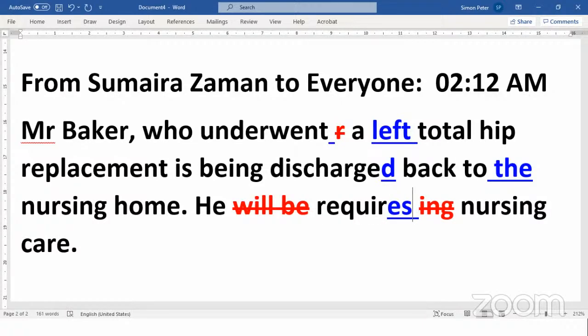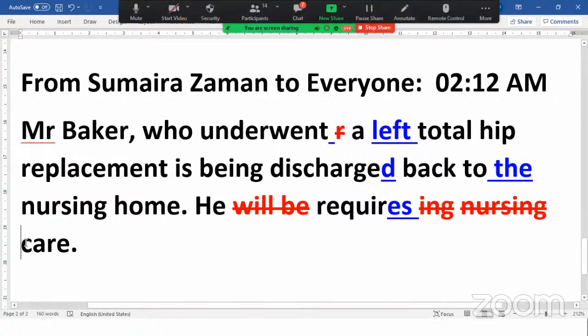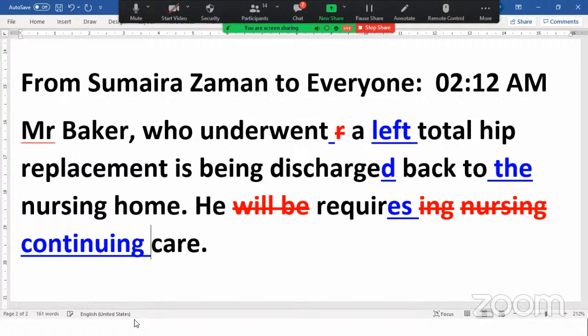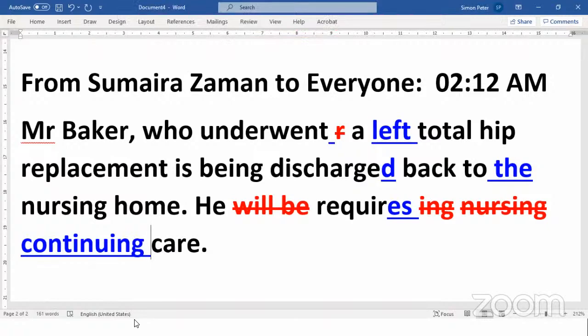Nursing care, which we already started. Continuing care. He requires continuing care. Mr. Baker, who underwent a left total hip replacement, is being discharged back.